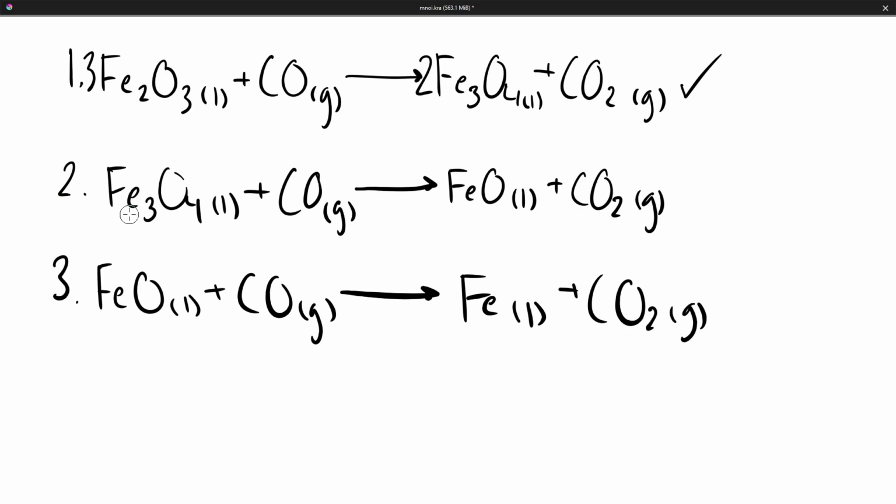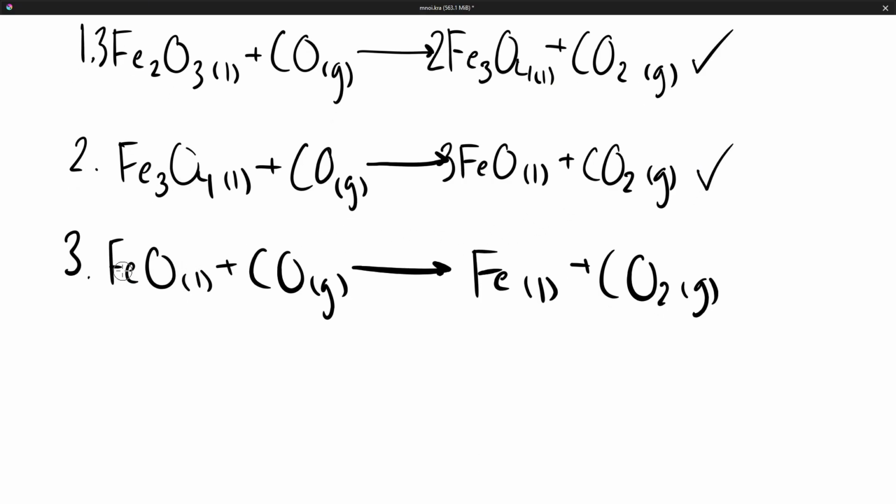Here, there's 3 irons, 1 iron. So you put a 3 here. And 5 oxygens, 5 oxygens. That's good. And 1 carbon, 1 carbon. That's good. So that's all you need to do.